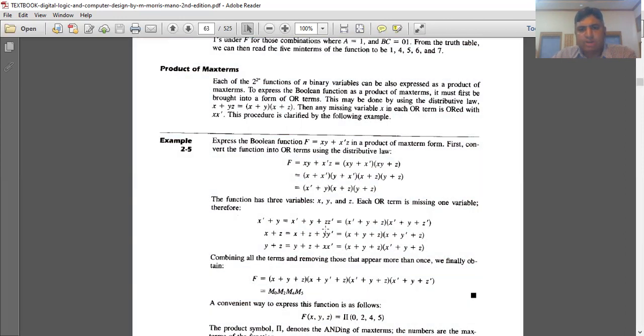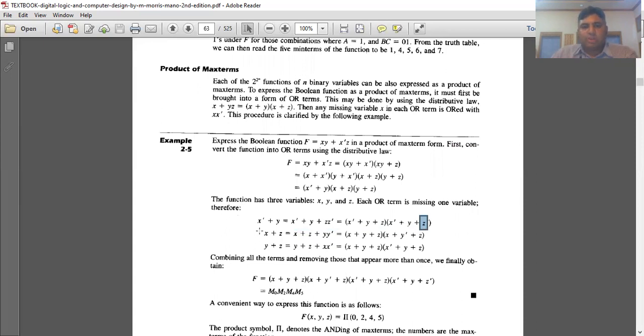If we add zz bar, then we apply the formula of x plus yz. We consider this as x, this as y, and this as z. So we will write x bar plus y plus z, and x bar plus y plus z bar. Applying the formula x plus yz gives (x plus y) and (x plus z).